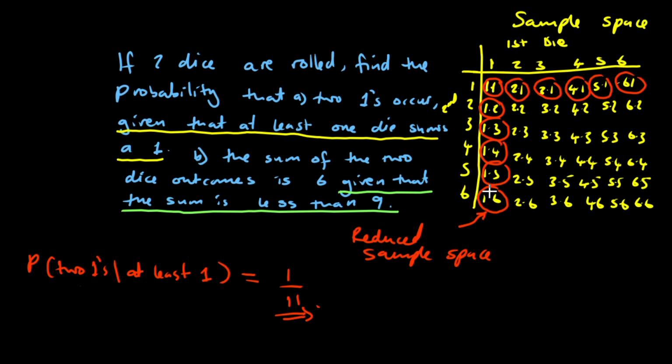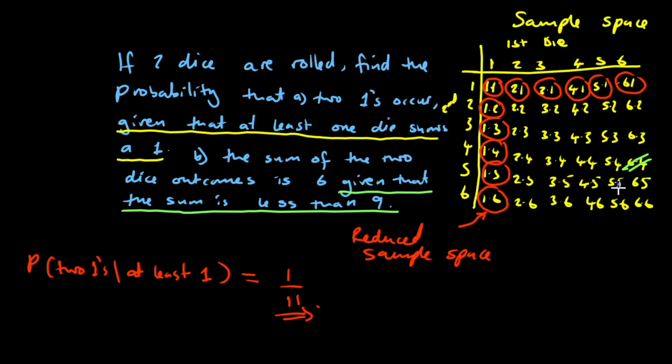Let's just scratch it off. Okay, 6 plus 1 is 7. 6 plus 2 is 8. 6 plus 3 is 9. But if we have 6 plus 4, it will be a 10. So it's more than 9. So 6 plus 4 here, we don't want that. We now scratch this.